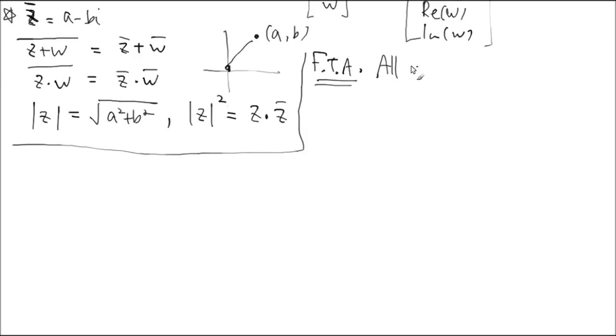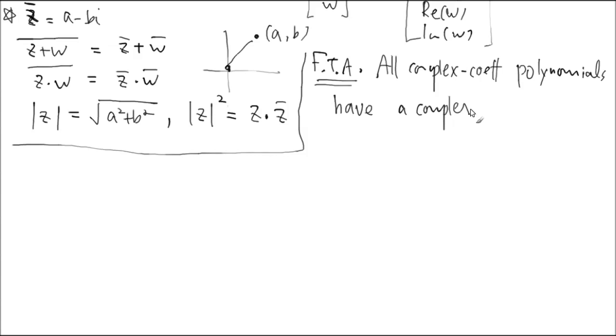All polynomials with a complex coefficient have what? A complex root. Right? They don't say complex, but let me emphasize a complex root. Okay? That's the fundamental theorem of algebra.